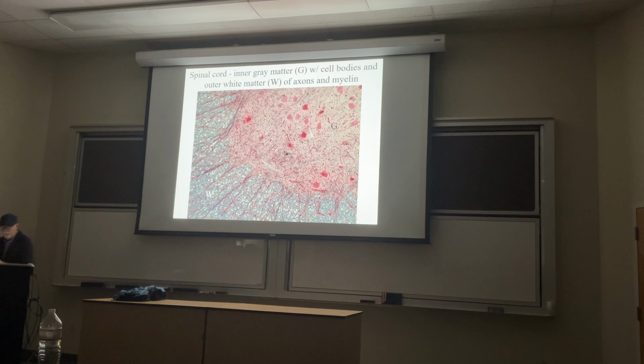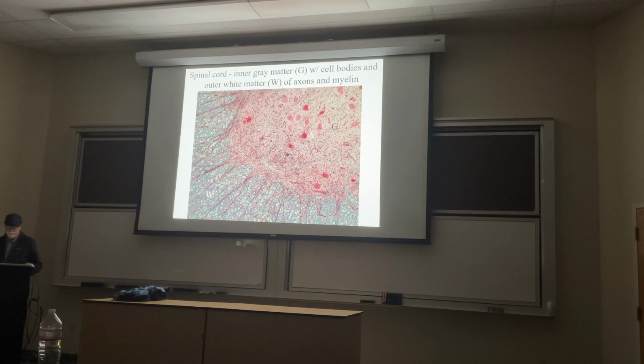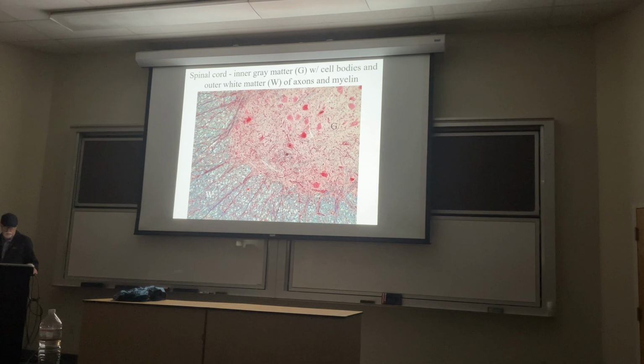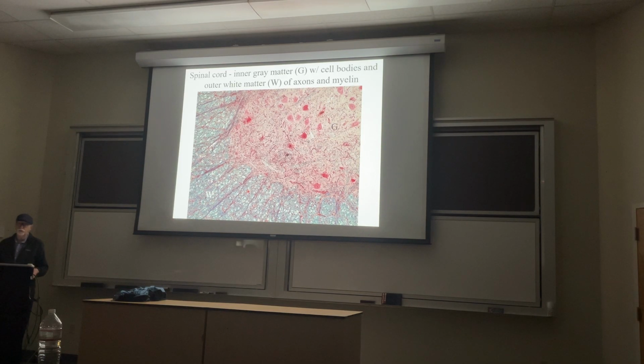And those lines going into the white matter, are those the axons? Yeah. Okay. And do you see this here? These are axons. The myelin is not showing here in this stain. So the darker part is the axon, and the lighter part is the myelin in cross section.